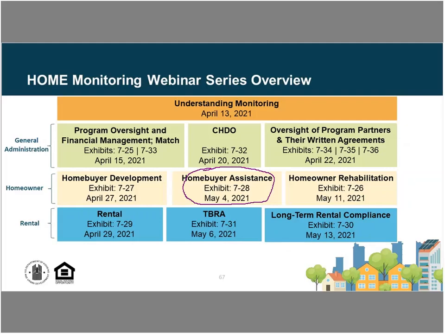Yes. And I also wrote into the Q&A because somebody was saying, I can't read all the questions and you're not going to post them. And I said, check out the HUD Exchange. There's a lot of good topic areas there. And your HUD CPD field staff is also a good partner for you. When I worked for a PJ, my HUD field staff used to say, please call me, that's why I'm here.